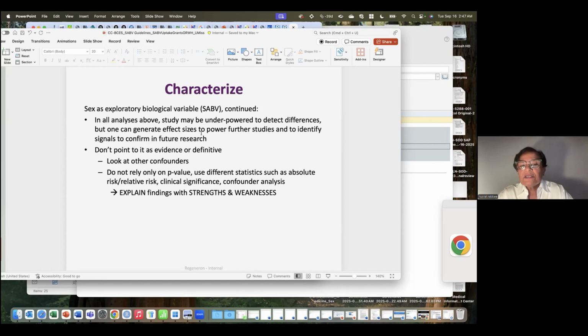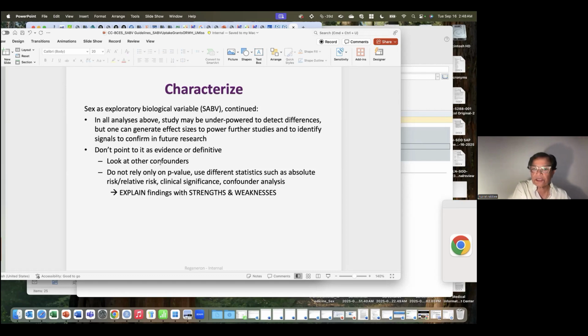But you can generate effect sizes, sort of hypothesis generating, if you will, if you see a large difference by sex, to identify signals to confirm in future research. So I would say when you characterize it in scientific literature, do not point to it as evidence or definitive. There may very well be other confounders if you even have found something for sex.